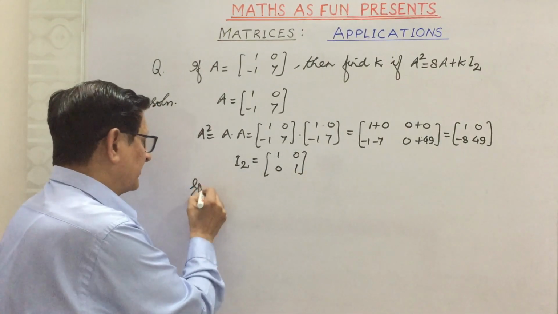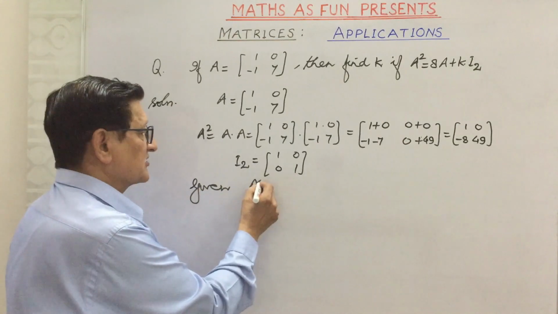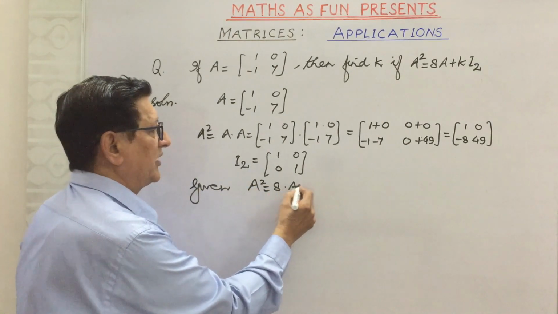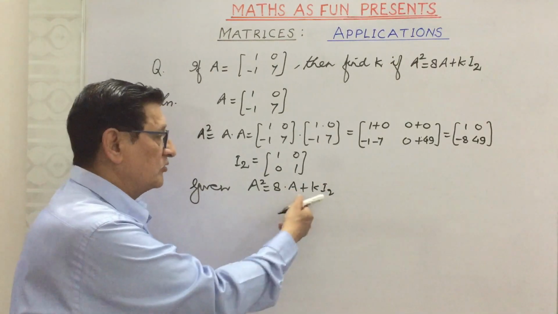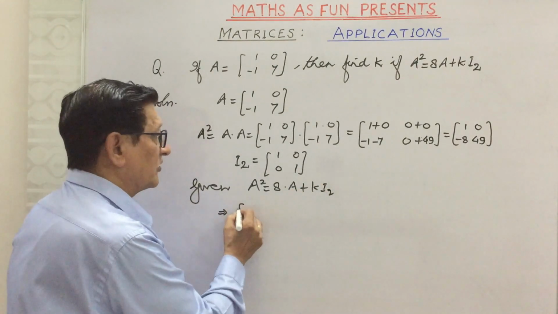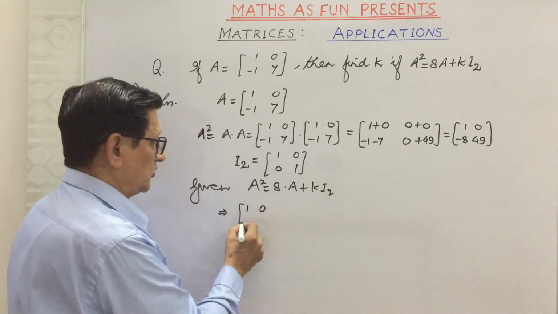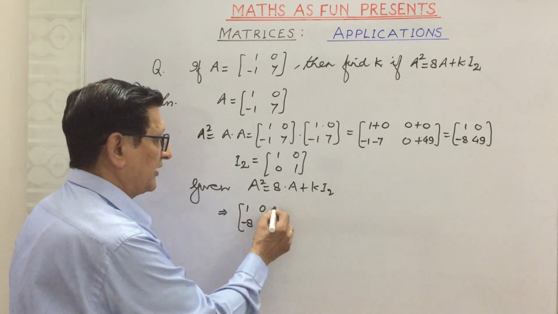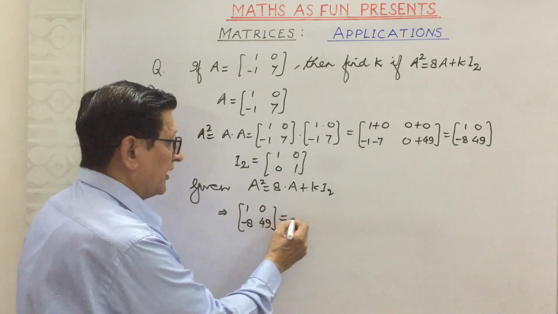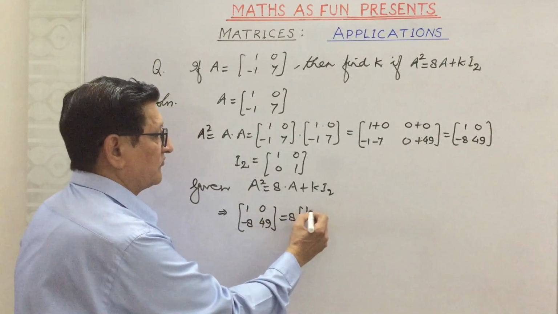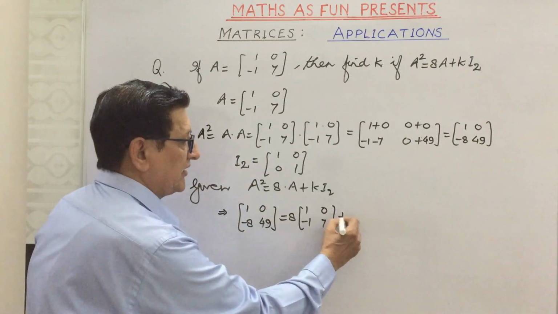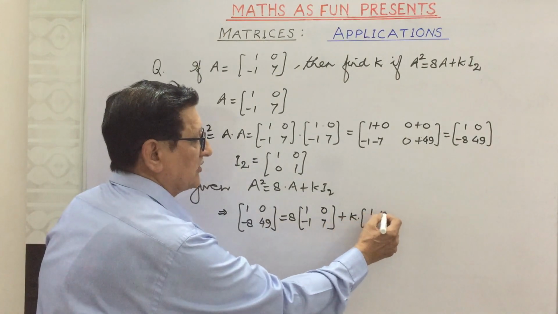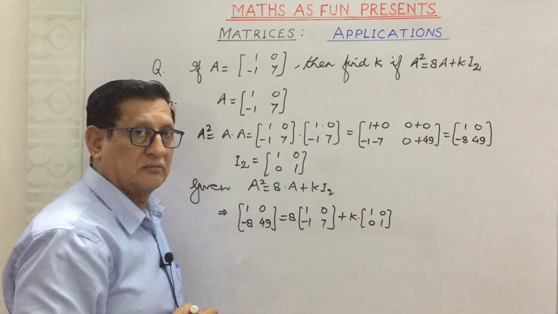And we have been given that A square is equal to 8 into A plus K into I2. We substitute the values here. That is A square means 1 0 minus 8 49 equal to 8 into A, that is 1 0 minus 1 7, plus K into I2, K into 1 0 0 1.